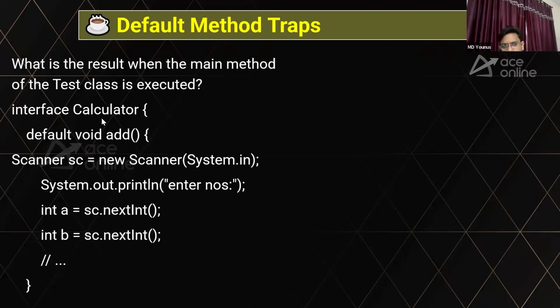We have an interface called calculator, and we are providing a default method called add. We take input like Scanner sc equal to new Scanner, tell the user to enter some numbers, read the numbers and write the logic for addition.